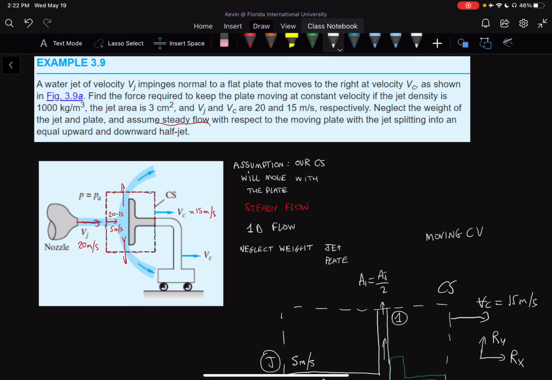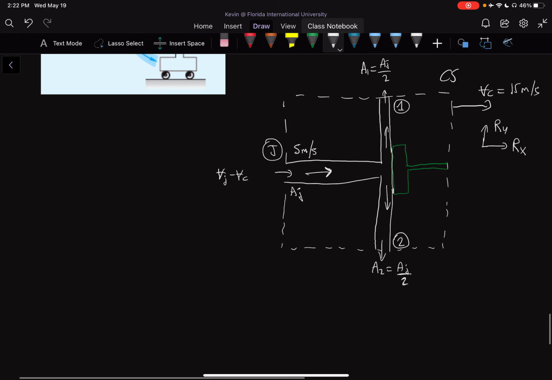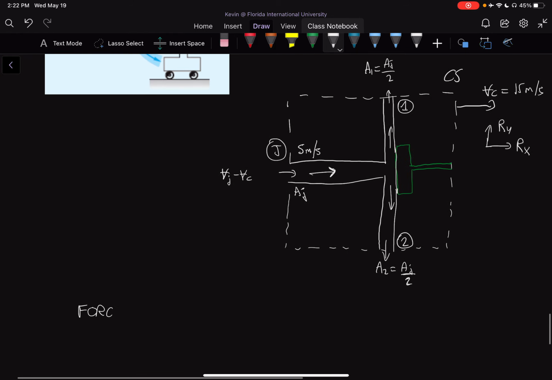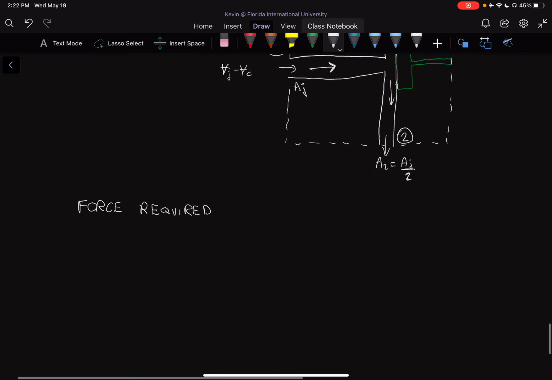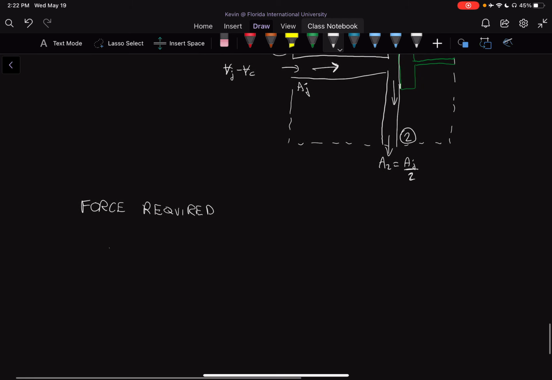And so we're going to find the force required, essentially. And the first step we're going to take is to do a mass balance. So we're going to have to do a mass balance, just like in our previous problem, as well as a linear momentum balance. So let's start with our mass balance.